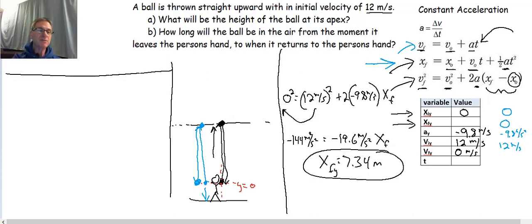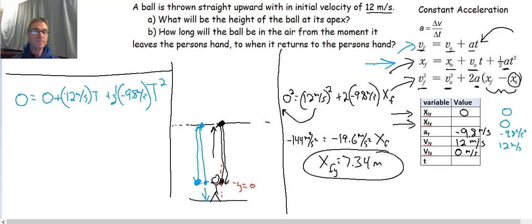So x final, which is 0, is equal to x initial, which is 0, plus v0 times t. v0 is 12 meters per second times t plus a half times negative 9.8 meters per second squared times t squared.